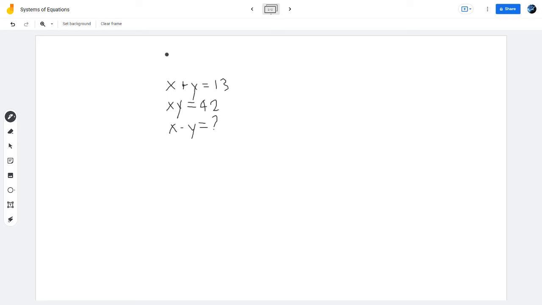So let's square both sides of this equation right here. So we have (x + y)² is equal to 13², which, by the way, is equal to 169. So this is going to equal x² + 2xy + y².